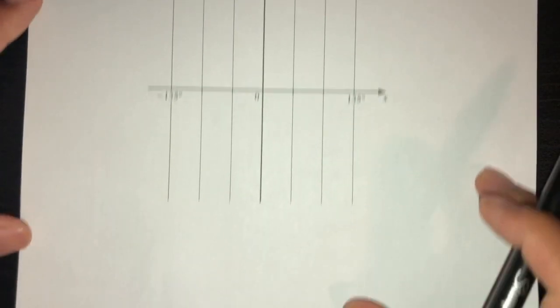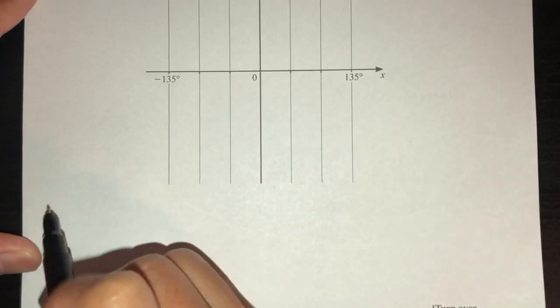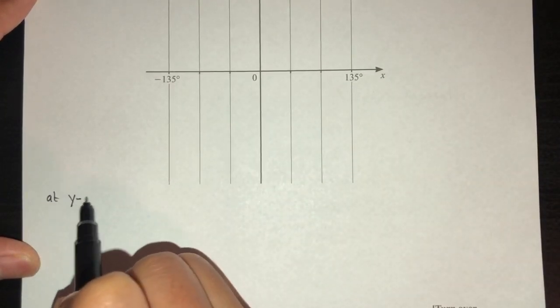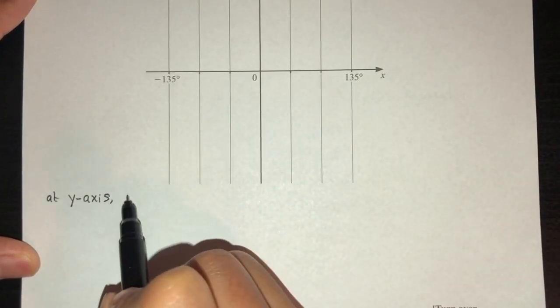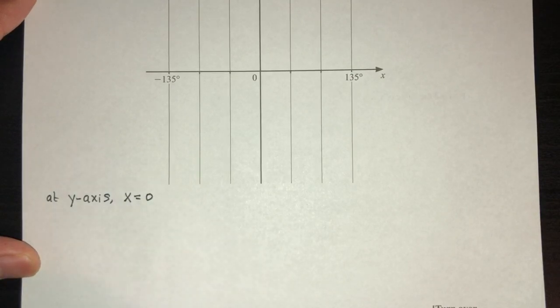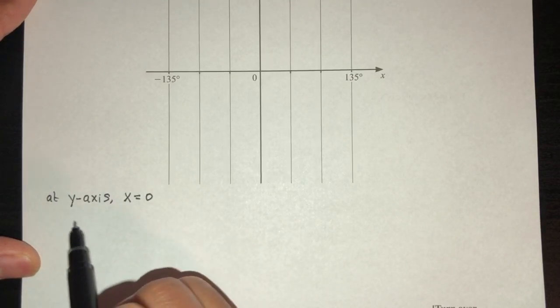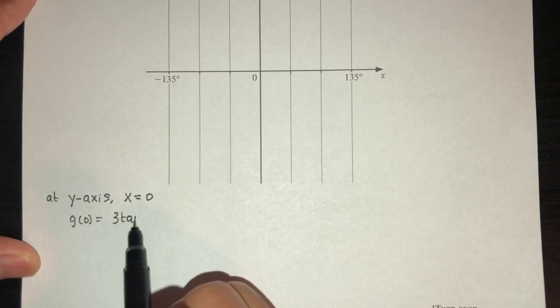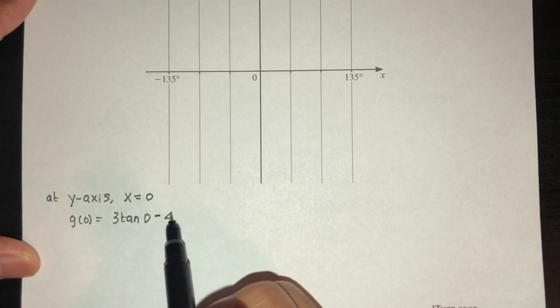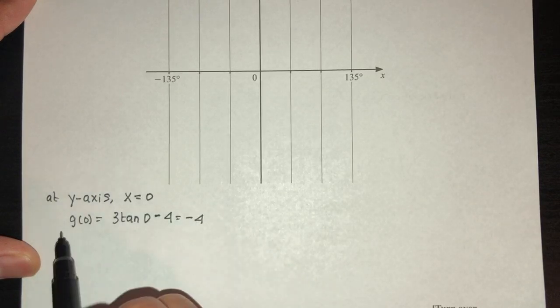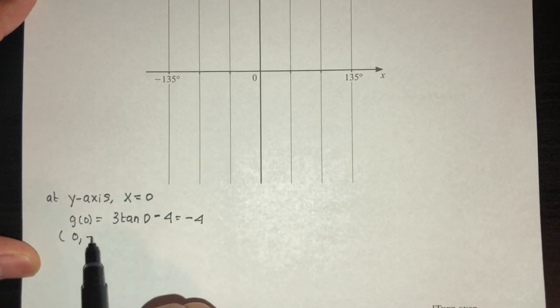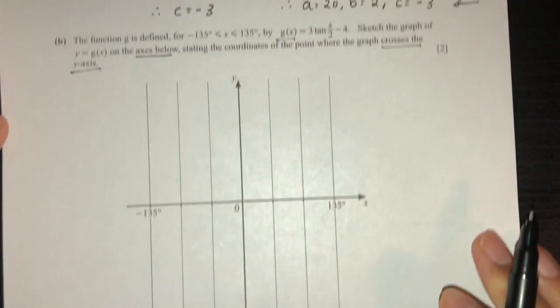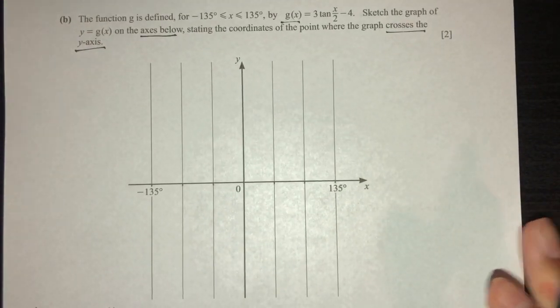So let's see that. As you guys know already, at the y-axis the value of x is equal to 0. So you will have g of 0 is equal to 3 tan of 0 minus 4, that should be minus 4. So at the y-axis the point will be 0, minus 4. So we just need a sketch.